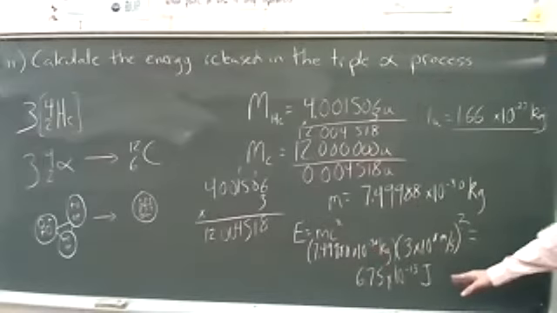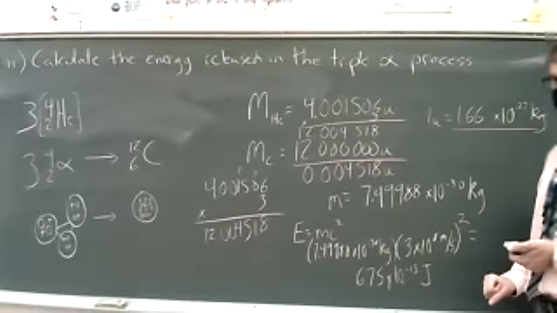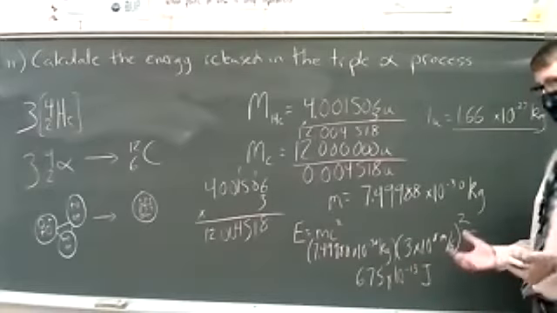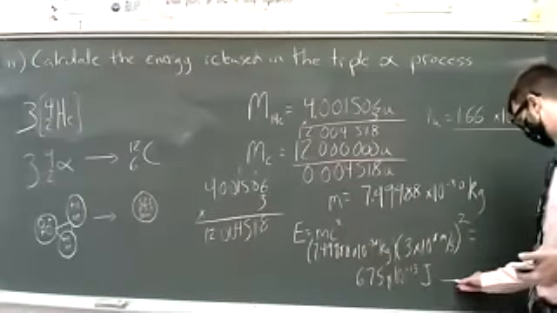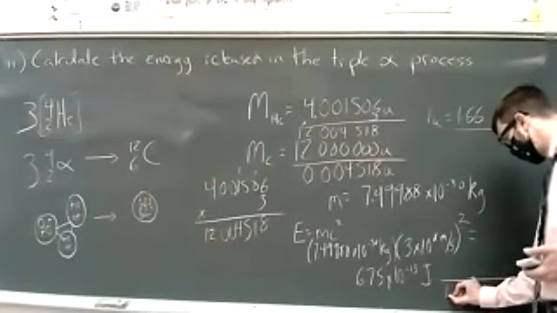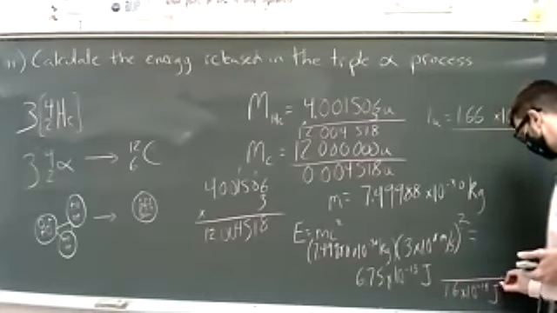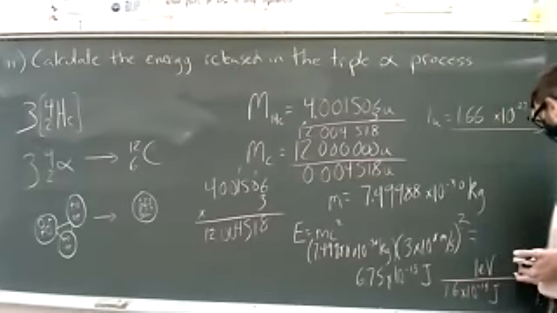Remember, you should be able to convert joules to electron volts. If it's a tiny number like this, then a more sensible unit might be electron volts. So remember, that's where we divide by 1.6 by 10 to the negative 19 joules per electron volt.